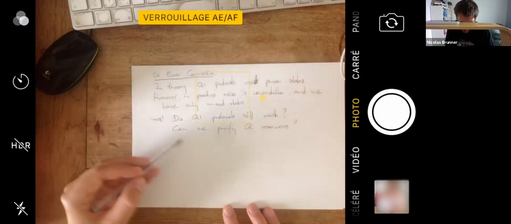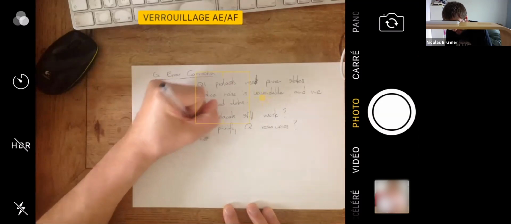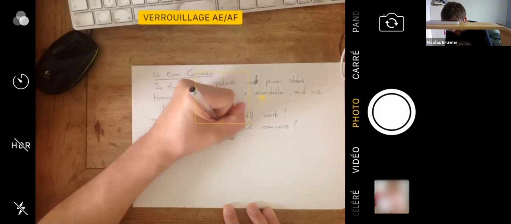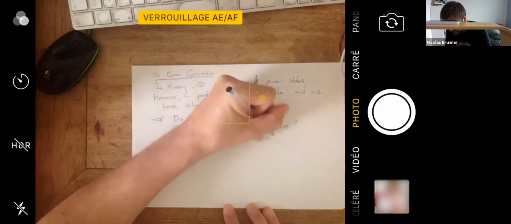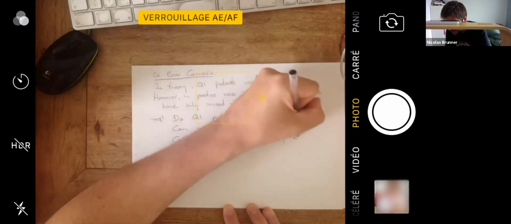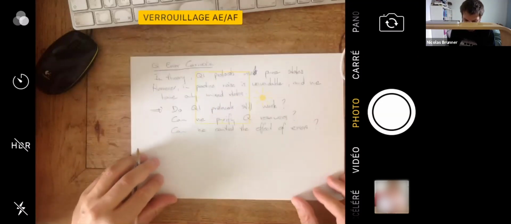Of course, there is another question, which is, can we control the effect of errors, for instance, in a quantum computation? And there also the answer is yes.